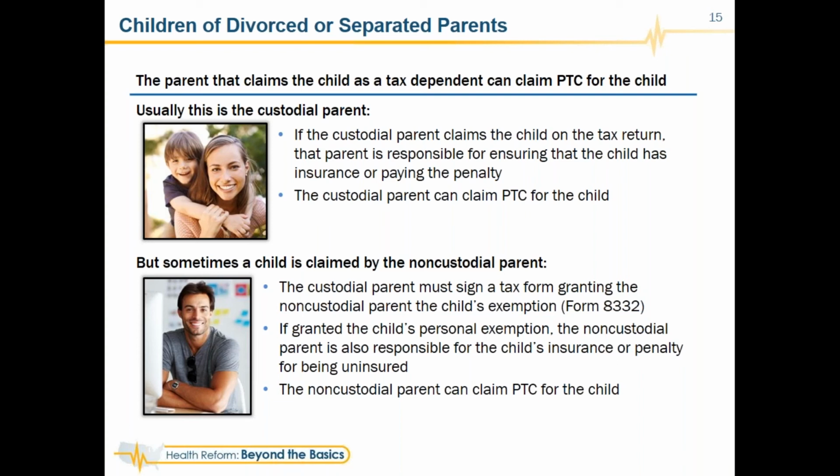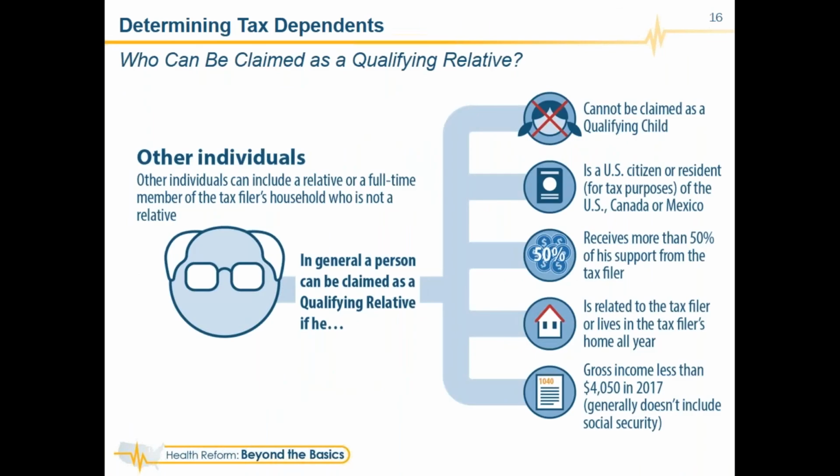So sometimes that will happen. Let's say the child is living with mom most of the time. We'll consider, using our terms here, we'll consider mom the custodial parent. But dad in the divorce decree is required to make sure that child has health insurance. Unless dad is claiming the personal exemption for that child as well, he's not going to be able to enroll that kid in premium tax credit. So there's a real intersect here with family law.